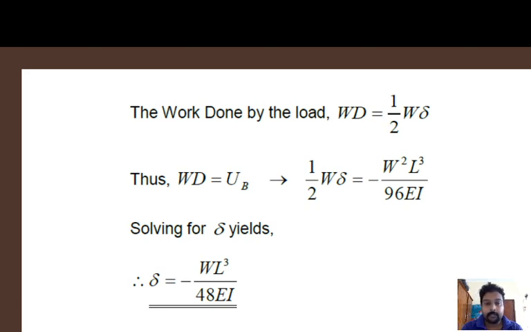Solving for delta yields delta equal to minus W L cubed divided by 48EI.